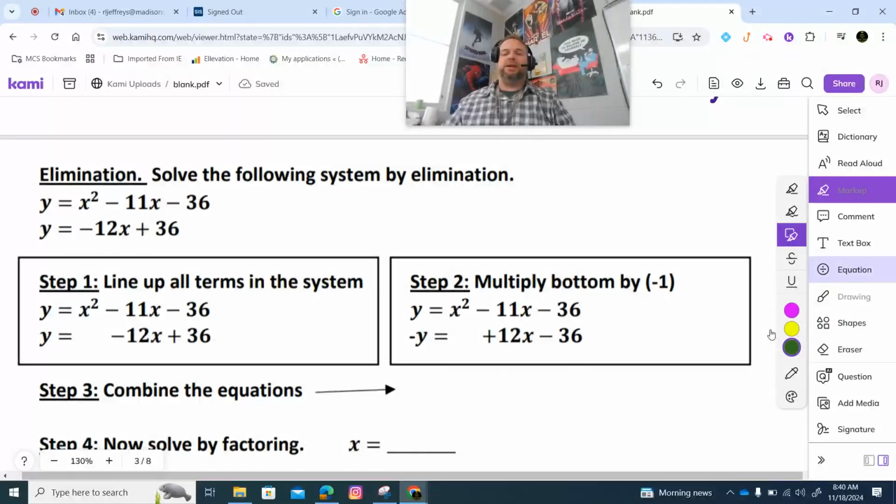I love elimination stuff. Why do you think I love elimination stuff, Layla? Why do you think I love elimination stuff? Because it's getting rid of something.